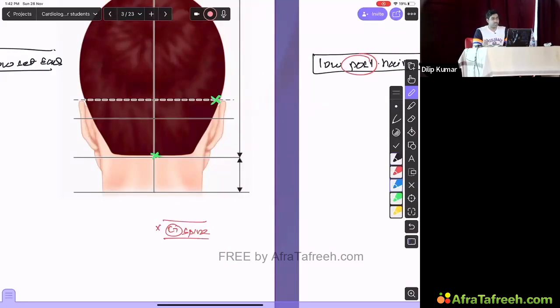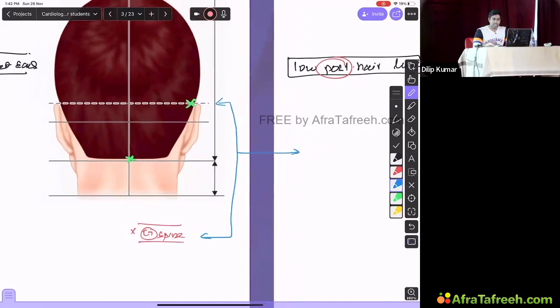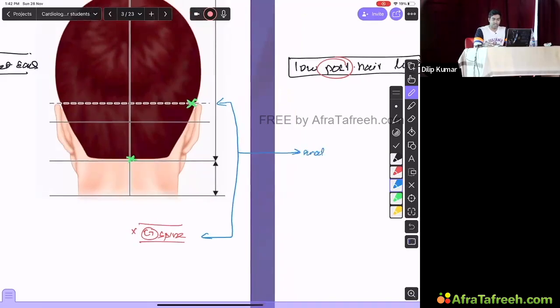First thing you need to know is, from the external occipital protuberance to the C7 spine is the definition of anatomical neck. You would have studied that in first year itself. Neck starts from the external occipital protuberance and extends till the C7 spine.